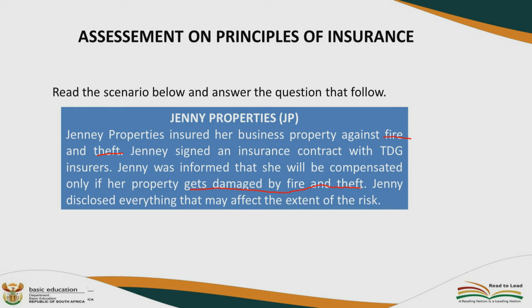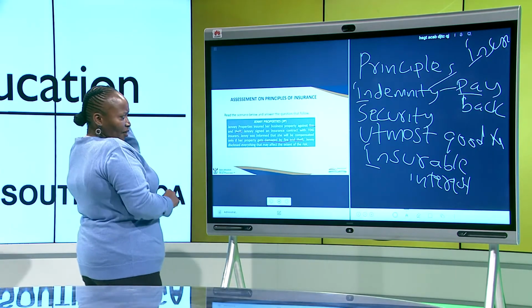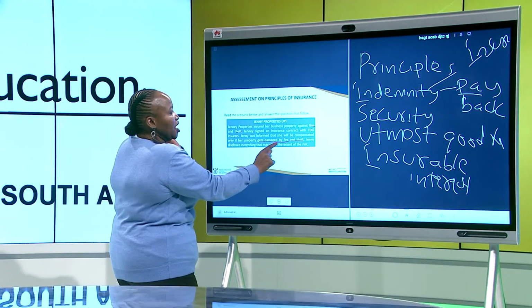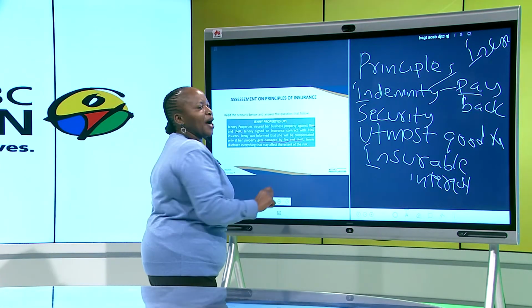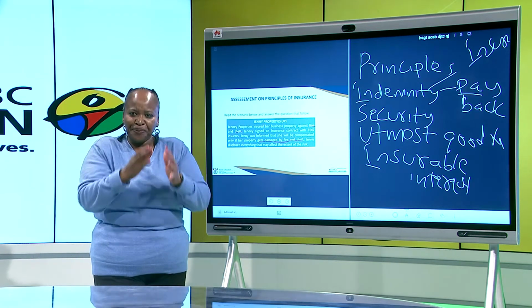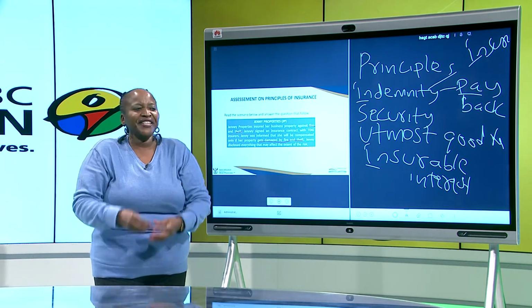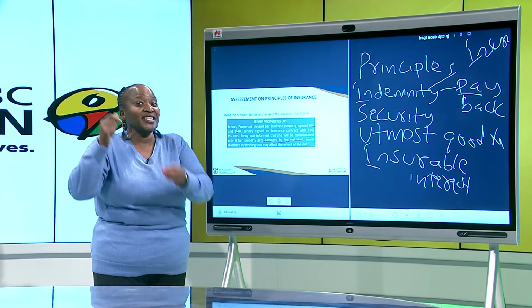Why? Because business property, she insured the business against fire and theft. And also she was told that she will be compensated only if her property gets damaged by fire and theft. That is indemnification. Jenny will only be indemnified, paid back, only if her property gets damaged by fire and theft.